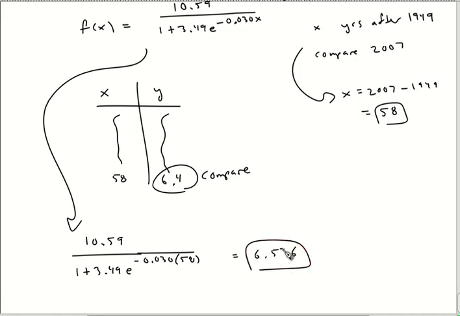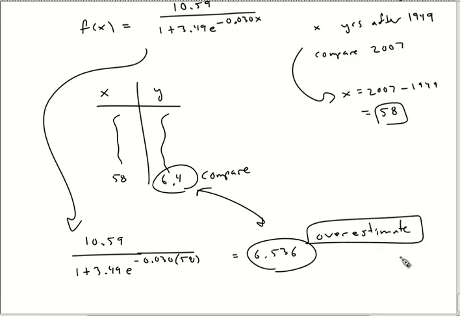But I'm not going to box it in because they don't really want that answer. They want over, under, same kind of thing. When we compare them, this number is overestimating. Not by much, but it is overestimating. And that's going to be your answer. Just click overestimate. Okay, well, that was kind of lame.